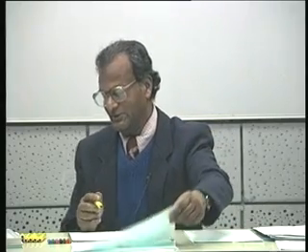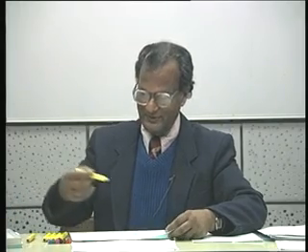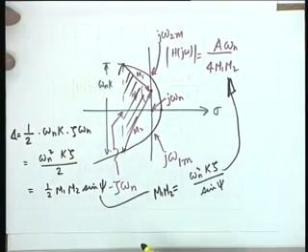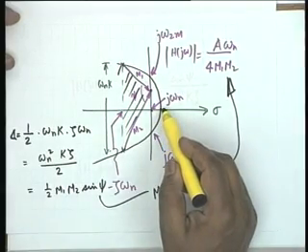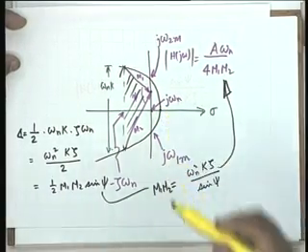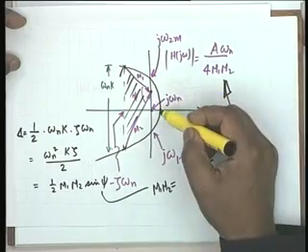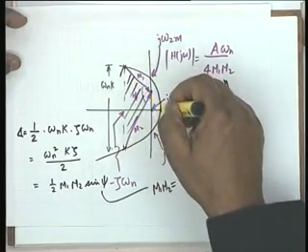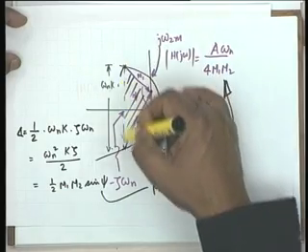Namely, what we do is we take the intersection on the sigma axis as the radius, and as the center, this as the center and this as the radius, distance from here to here, and then draw the circle.